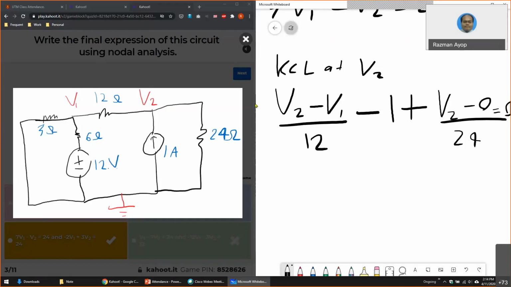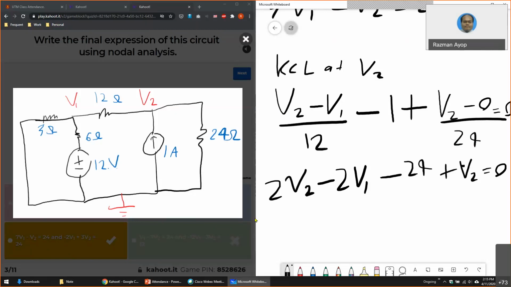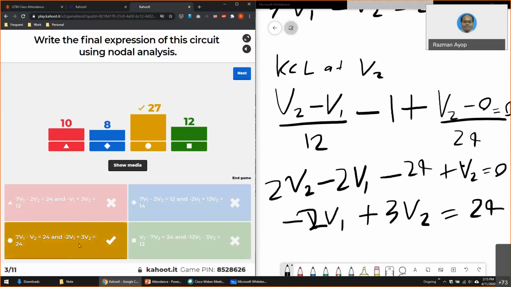Then find the common factor. So 2V2 minus 2V1 minus 24 plus V2 equals 0. So negative 2V1 plus 3V2 equals 24. So if you look here, you get the answer.